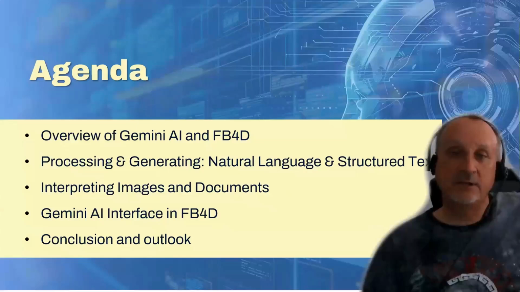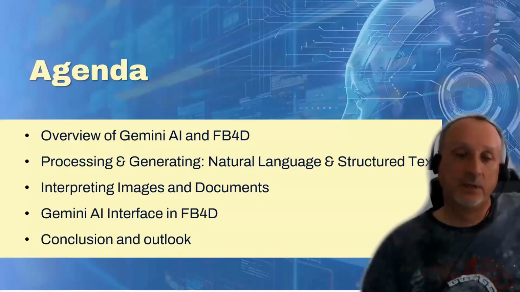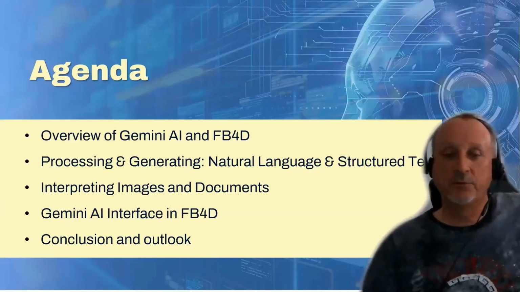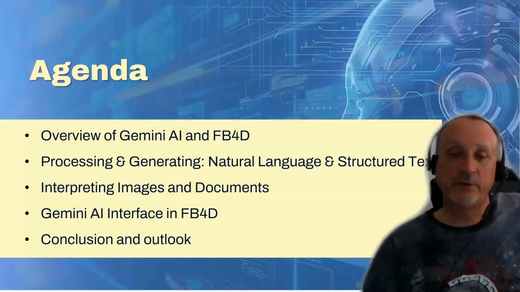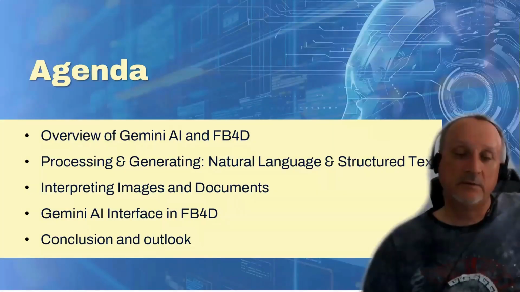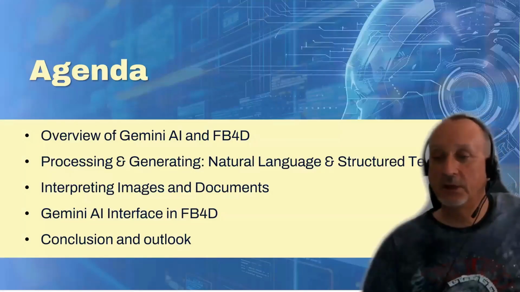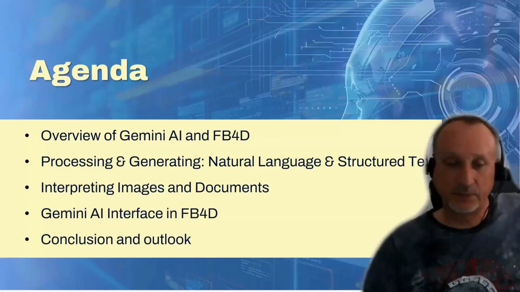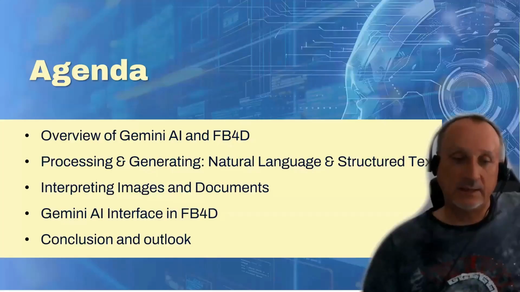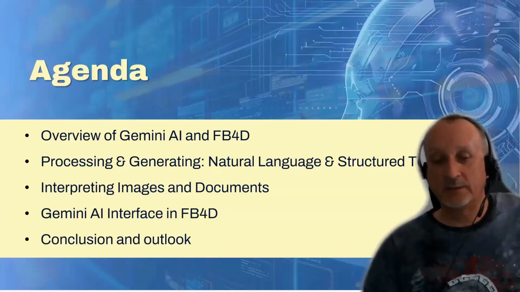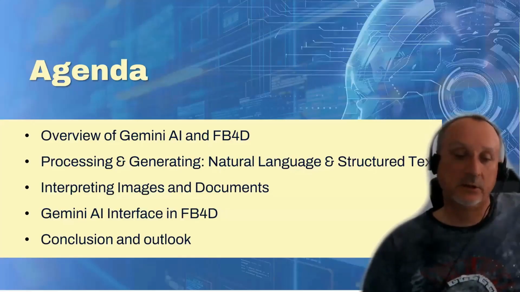This is the agenda for today's session. First, I start with an overview of Gemini AI and the open source library FB4D. Then we speak about processing and generating of natural language and structured text. Next, we speak about interpreting images and documents. Now it becomes technical.